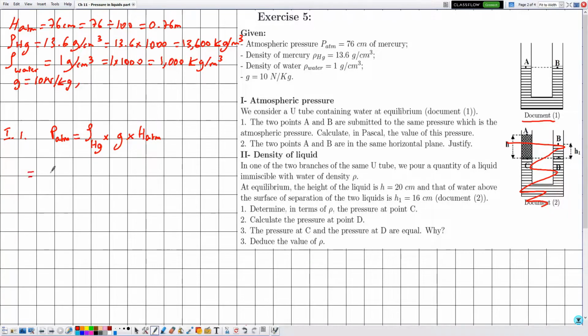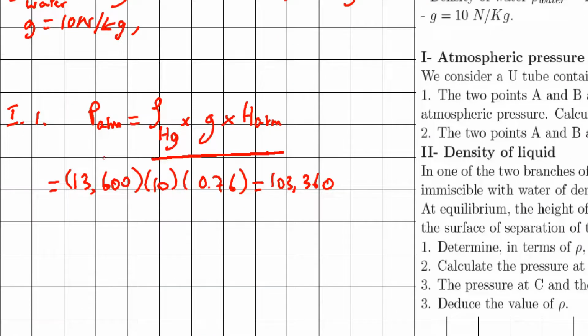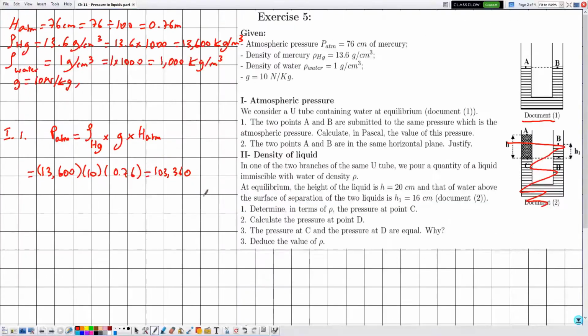Now the density of mercury is 13,600, multiplied by g, which is 10, multiplied by the atmospheric height, which is 0.76. Plugging this into the calculator, the atmospheric pressure is 103,360. Since all of these quantities are expressed in the SI, the value of the atmospheric pressure will be in the SI, which is Newton per meter square, and this unit is usually denoted by Pascal.